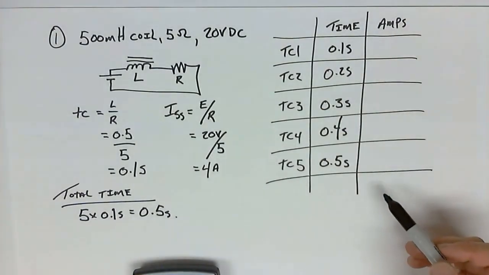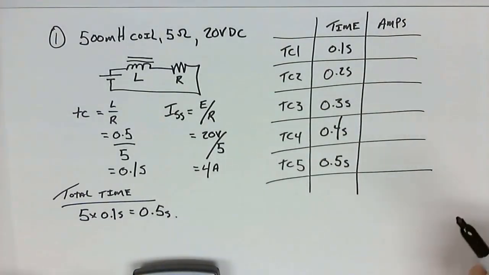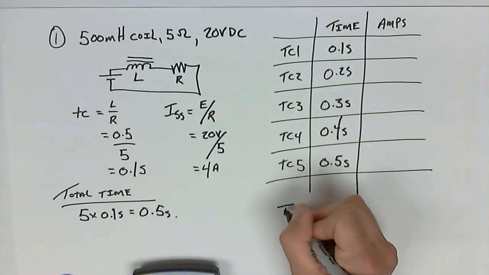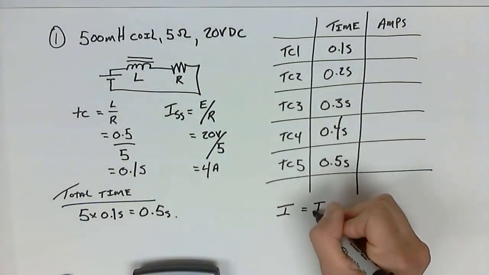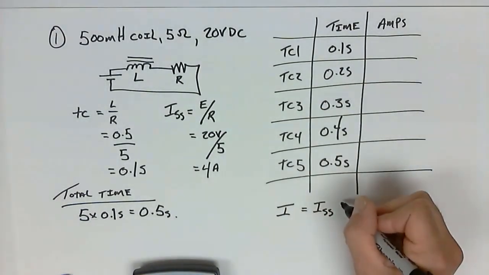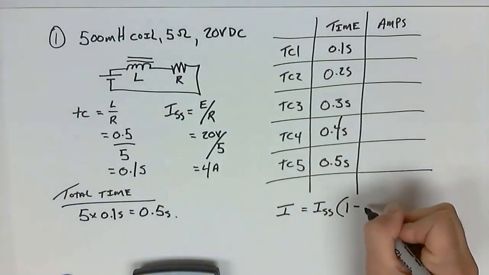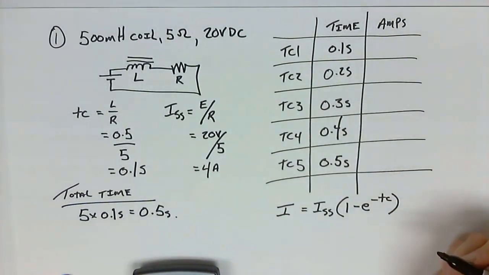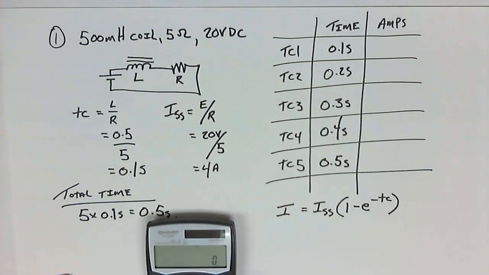Now, how much current will be flowing? Well, we need to use our logarithmic calculation. It's the easiest method. I is equal to I steady state times 1 minus e to the negative tc. So I'm going to calculate the first one.